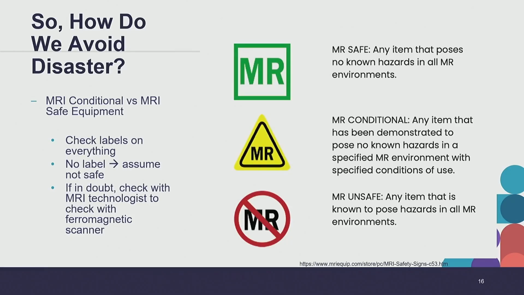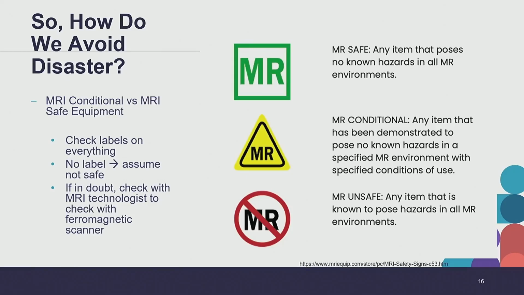MRI conditional is something that's been demonstrated to pose no hazards in a specific MRI environment with specific conditions of use. So for example, your endotracheal tubes, mostly PVC, but the little spring in the pilot balloon that runs into the cuff, that's usually metallic, can cause a problem.